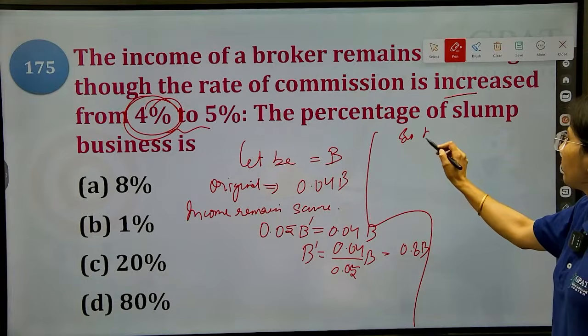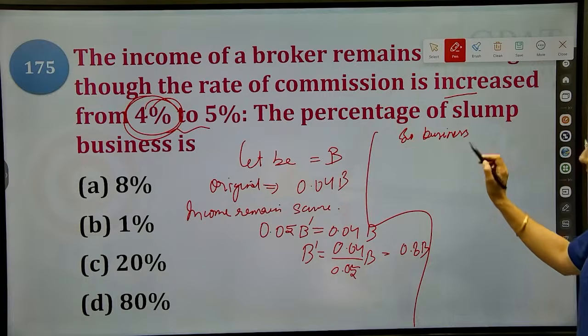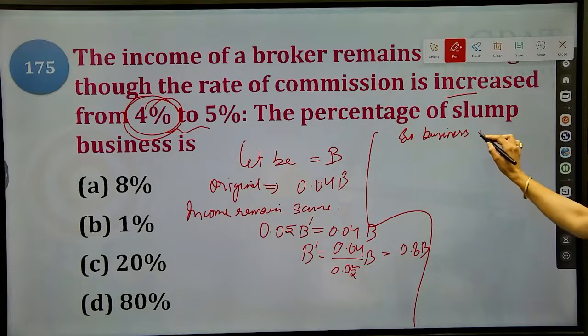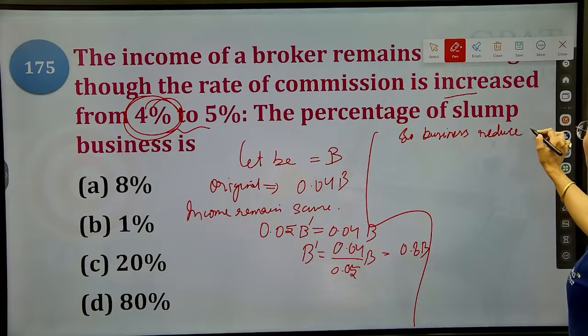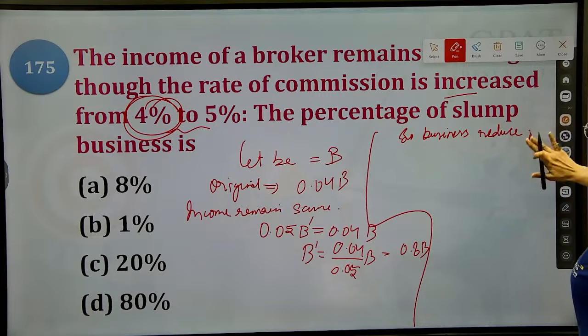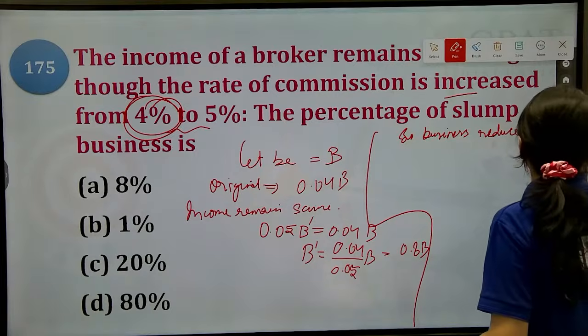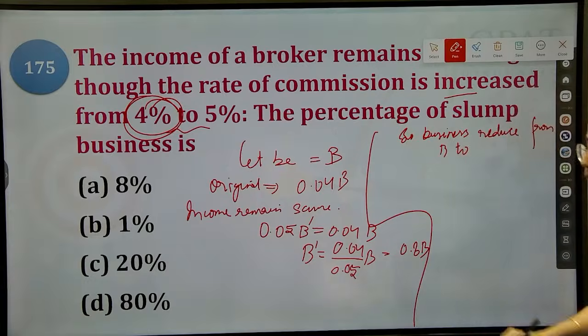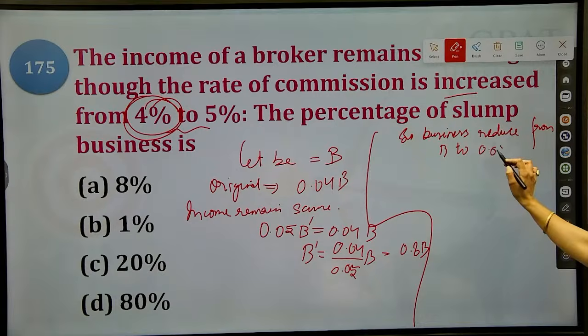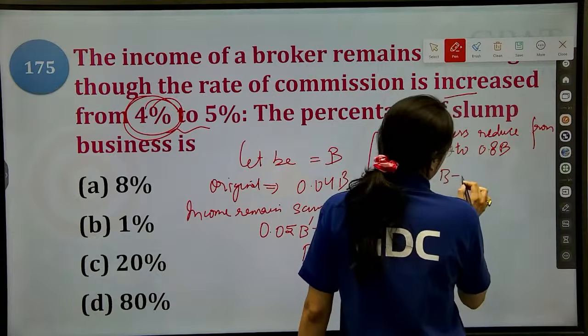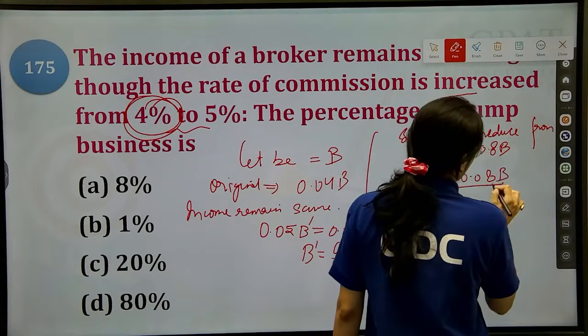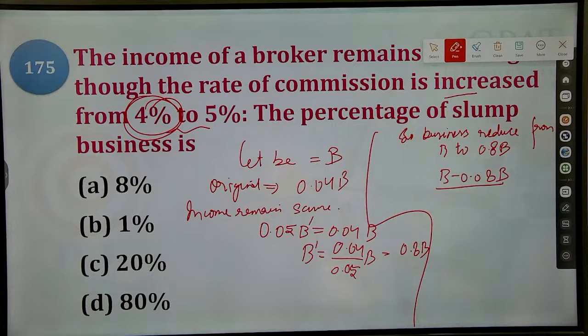So business reduces from B to 0.8 B. Now (B minus 0.8 B) upon B, multiplied by 100.